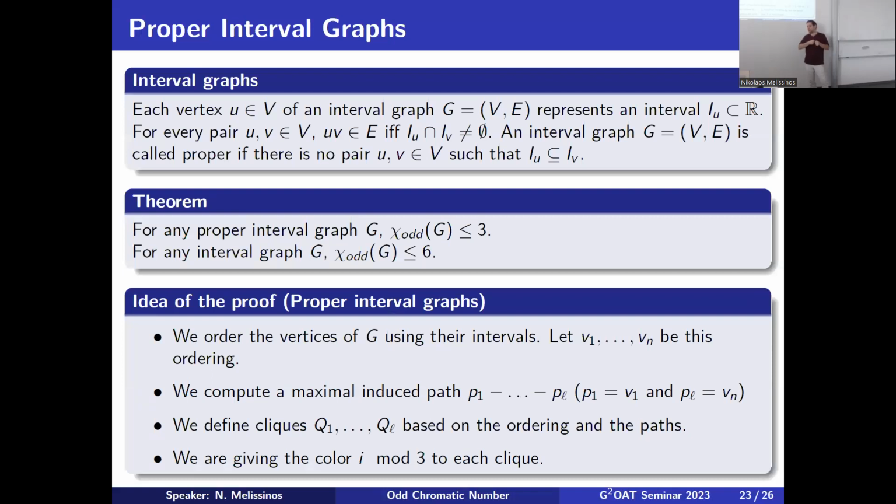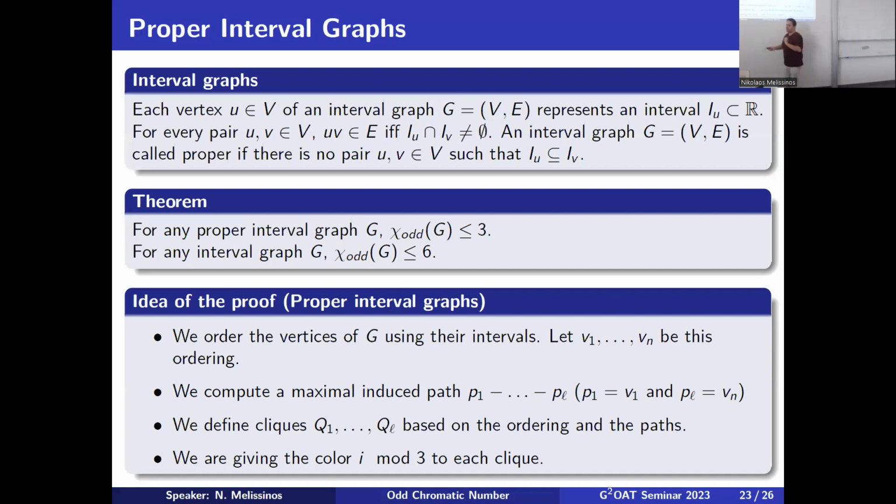You're taking a maximal induced path. And then you are defining cliques of the proper interval graph based on those vertices, and you try to give the colors: one color in the first clique, second color in the second, third color in the third, and then you start repeating colors.